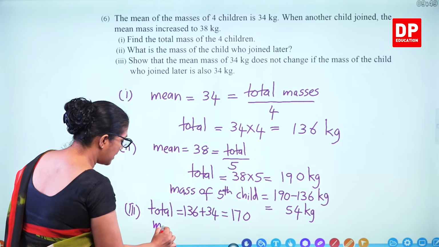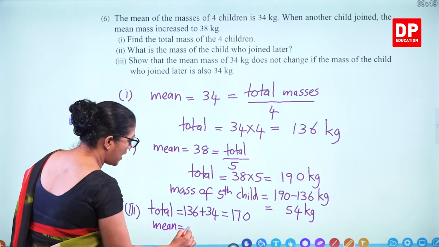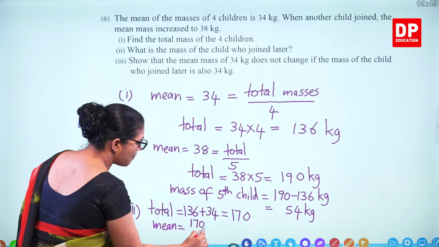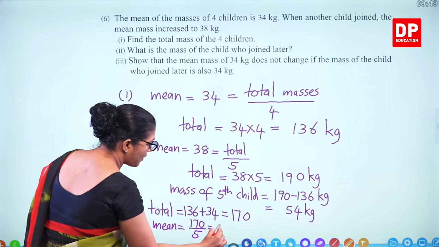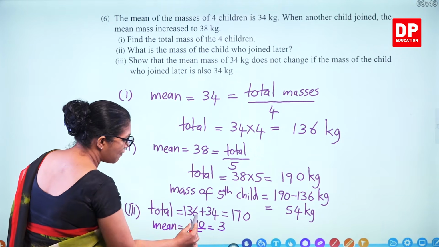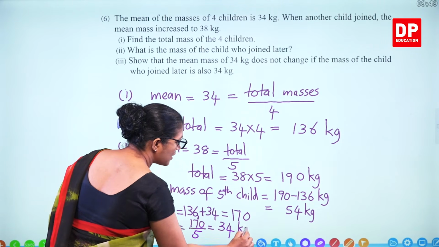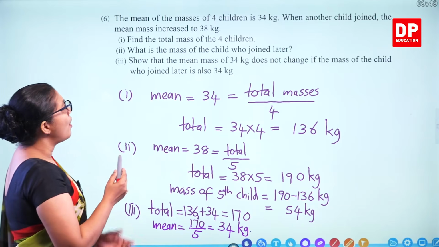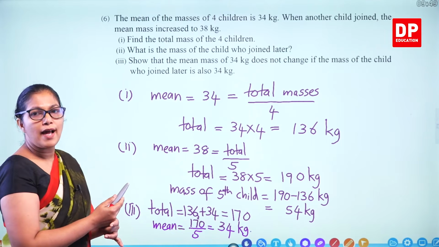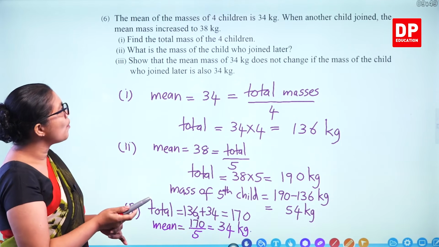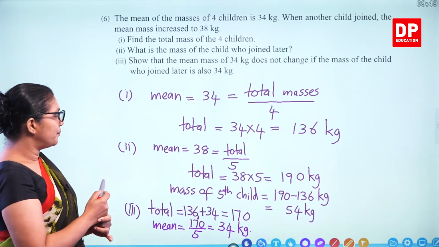Then the mean mass becomes 170 divided by 5. 5 times 3, 15, for 20, that's 5 times 4. So you get 34 as the mean value if the 5th one is 34.